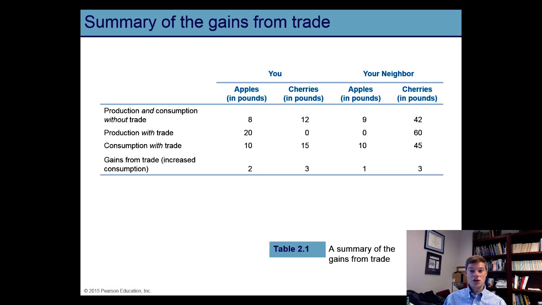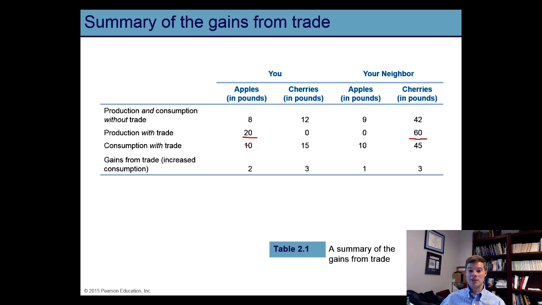This chart shows us the gains from trade. In the graphs on the prior slide, I showed that before trade, you consumed 8 pounds of apples and 12 pounds of cherries, and your neighbor consumed 9 pounds of apples and 42 pounds of cherries. With trade, you produced only apples and your neighbor produced only cherries.